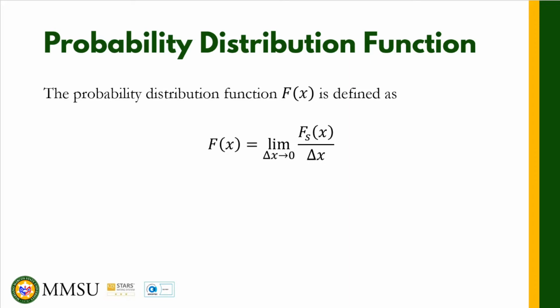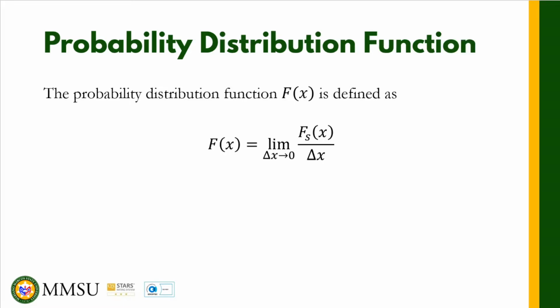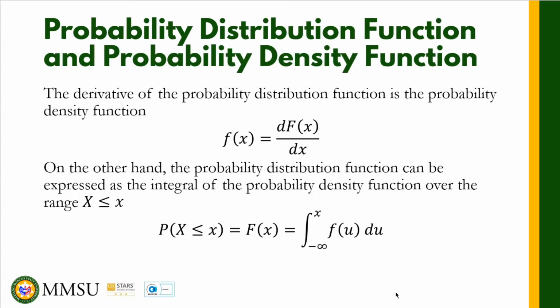All right, so let us take a look at the relationship between the probability distribution function and the probability density function. Remember that the probability density function is the relative frequency, while the probability distribution function is the summation of the relative frequencies, because we have the big F right there. The relationship is just the derivative and the integral.